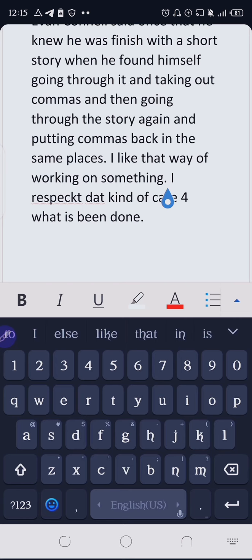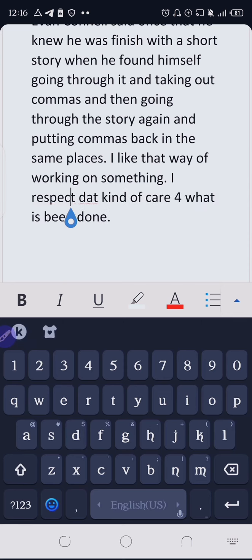I like that way of working on something. Cool. I respect. So, here is an addition rather than an omission. There is a K after C, which distorts the spelling of respect and makes it sound like it's German. I respect that kind. Take out the abbreviation and fix that full stop.